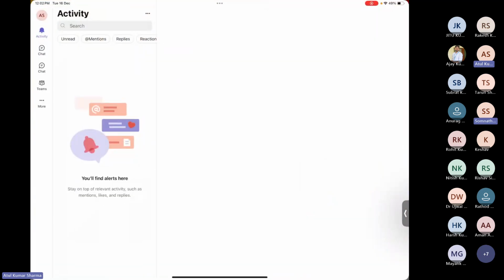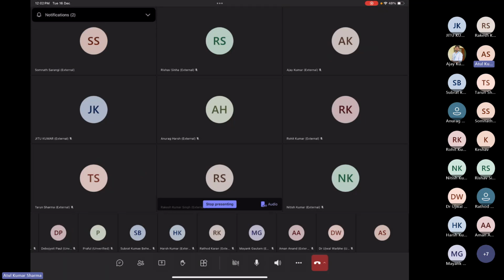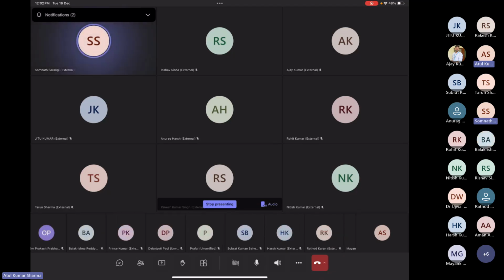I can see that many MTech students and PhD students are there. I forgot to ask our students to register, otherwise they could also go through this concept. Sir, actually, it is being recorded.